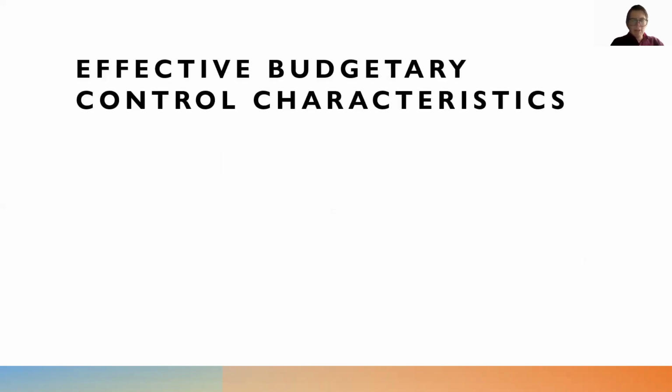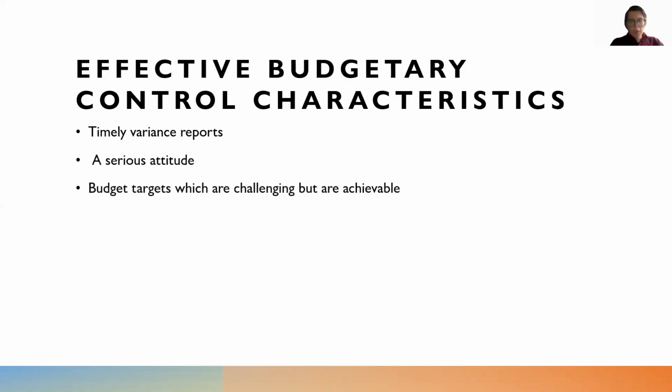So, what are the characteristics then if we have an effective budgetary control in place? Firstly, variance reports should be produced in a timely manner with a serious attitude. Targets should be budgeted to be challenging, but also achievable.